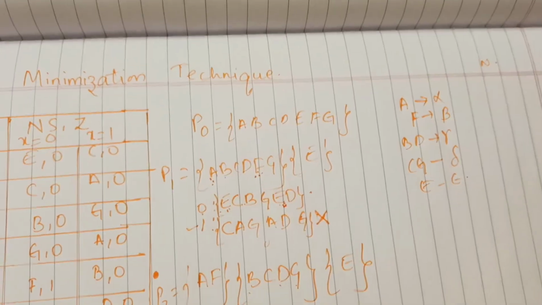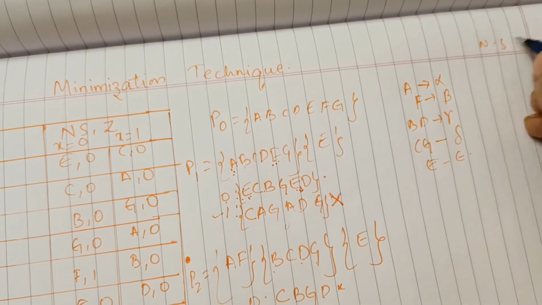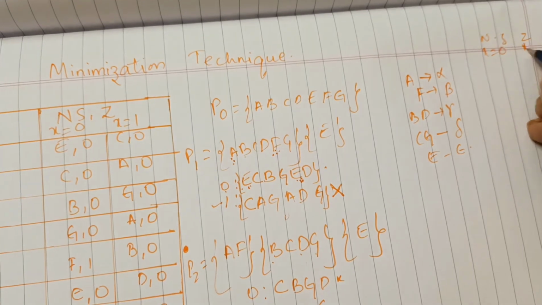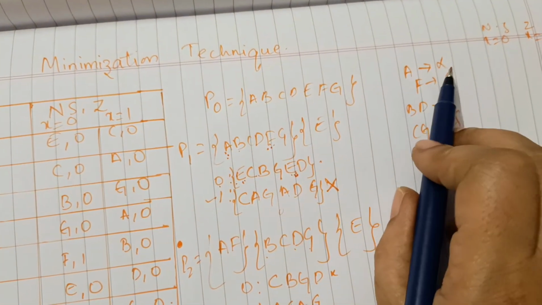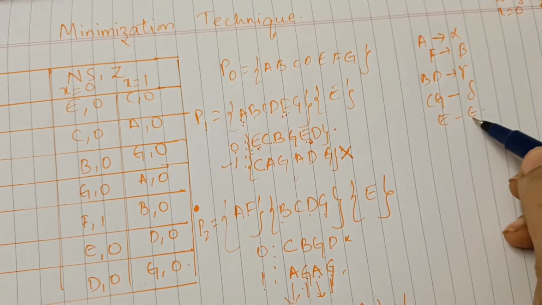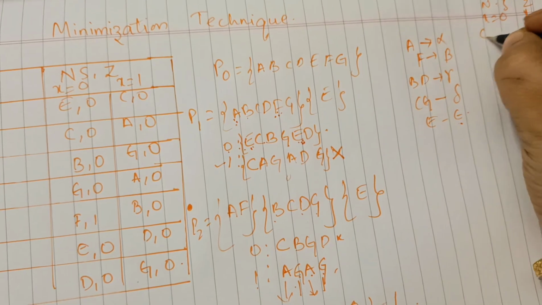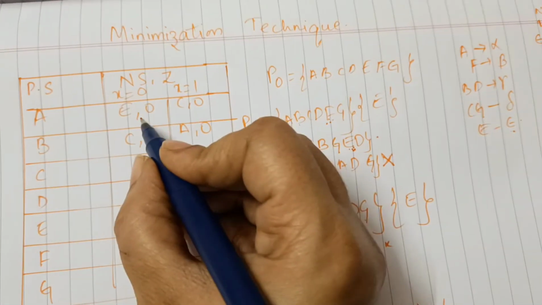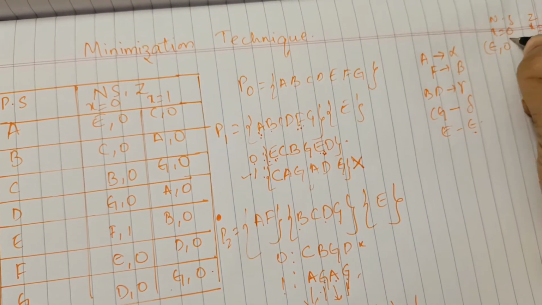Okay, now we will draw this tabular column. Next state, Z, x is equal to 0, x is equal to 1. A is alpha. A is E, C. E means epsilon, so epsilon 0. You have to take these values only, just change them.